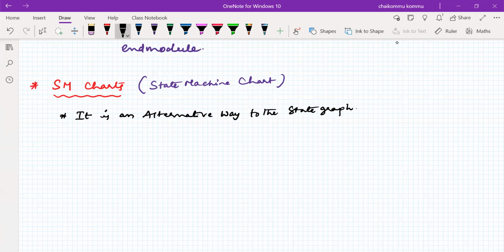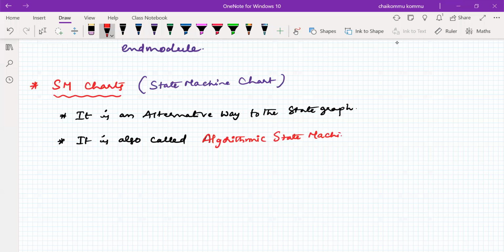It is also called algorithmic state machine, which is nothing but ASM.